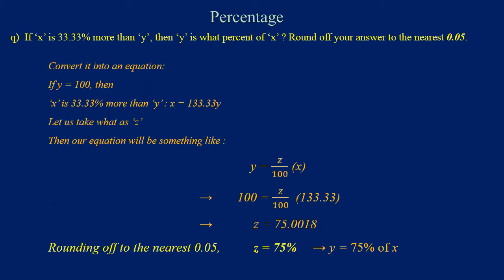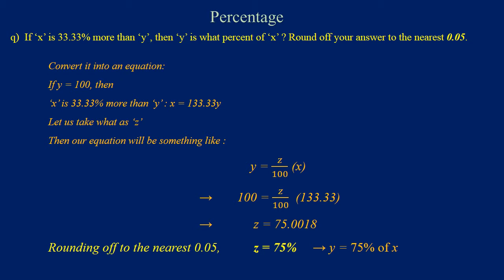Okay, our second question is that if x is 33.3% more than y, means x is equal to 133.33 into y, then y is what percent of x? Means y is equal to what percent 1 over 100 into x, and what can be replaced by a variable other than x and y, so we can replace it with z.